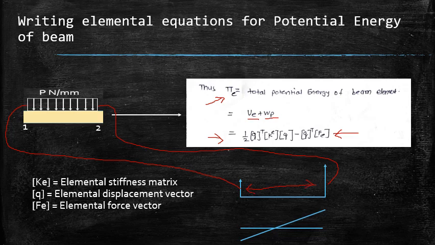Only forces are appearing on the nodes. So here the bending moment will vary linearly between these two nodes. Suppose the intensity of bending moment is this much at this node, and this much at this node. So because of the presence of these two nodal forces, the variation of bending moment will be linear.